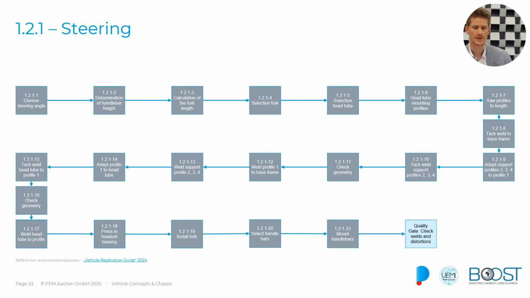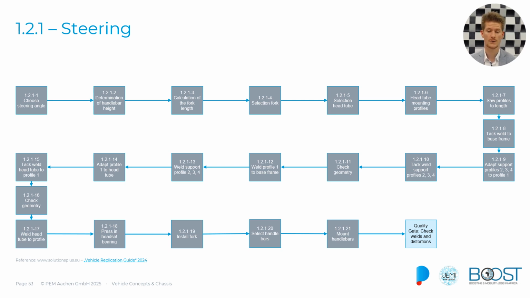So we begin with choosing the steering angle, and we will determine the handlebar height, and calculate the length of the fork. We will then do a selection of the fork and selection of the head tubes.